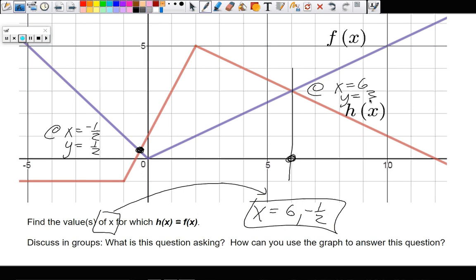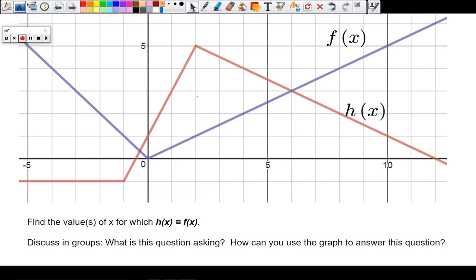Otherwise, what you did in Algebra 1, x and y, and over here, x and y. You're just now learning the function notation of how to show it in Algebra 2. Okay? Alright, so let's move on to the last stuff.